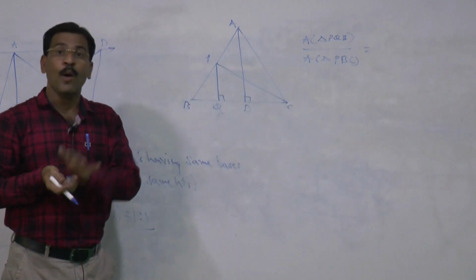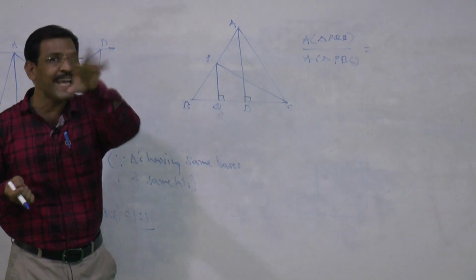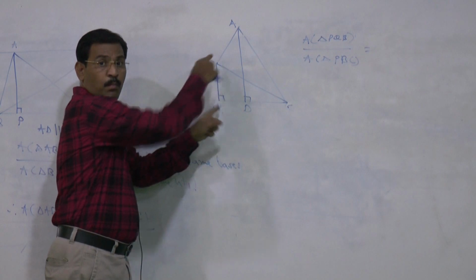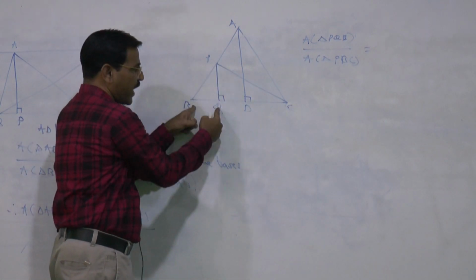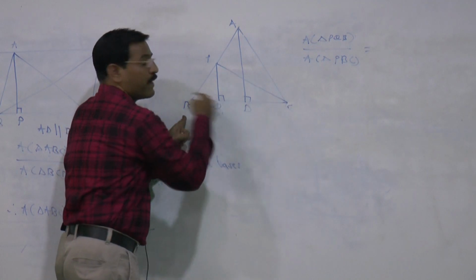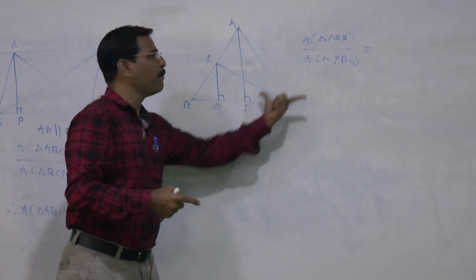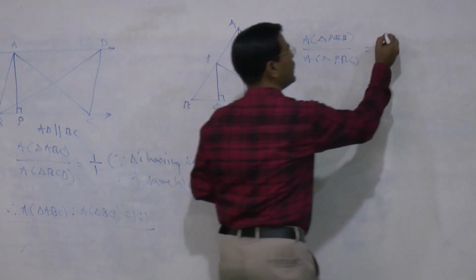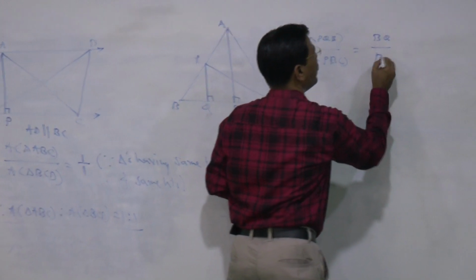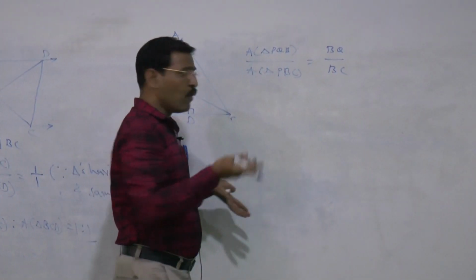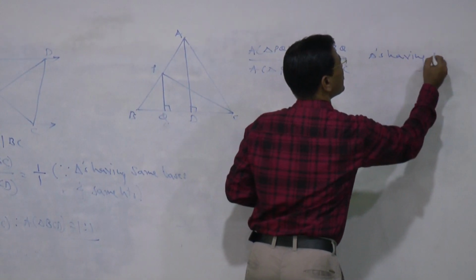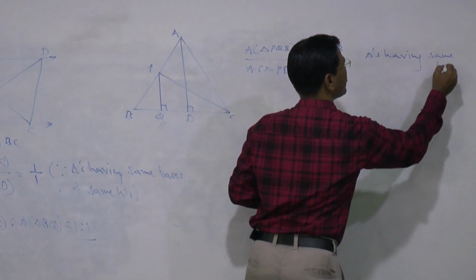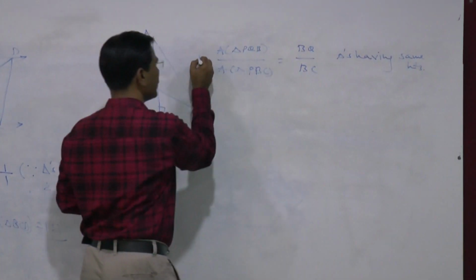Both triangles have the same height, which is PQ, but they have different bases, BQ and BC. We only have to write the names. What you can write here? Triangles having same heights. This is the first one.